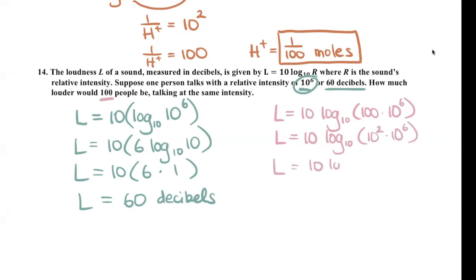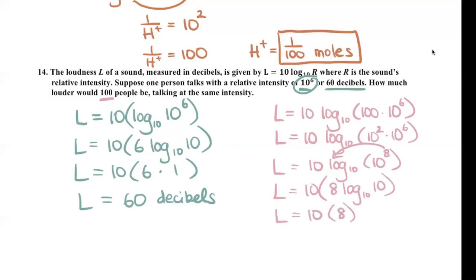And then if I simplify inside the parentheses, man, there's a lot of 10s here. Add the exponents and we get 10 to the 8th. So I can bring down the 8. So this is 8 log base 10 of 10, which is 1. So 8 times 1 just gets me 8. So that gets me 80 decibels.